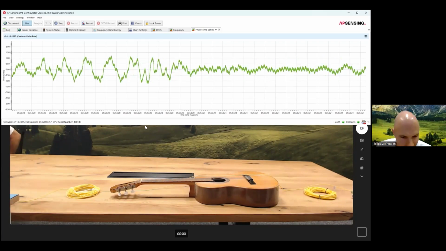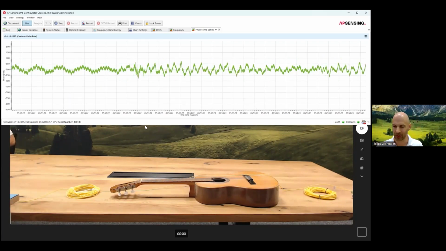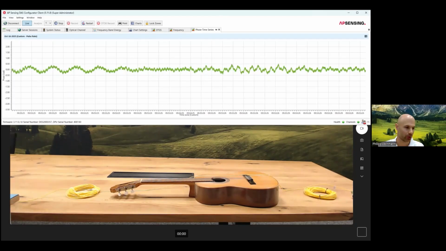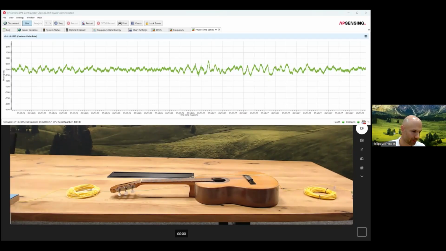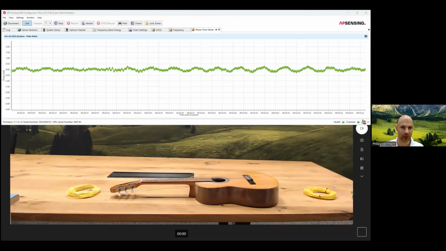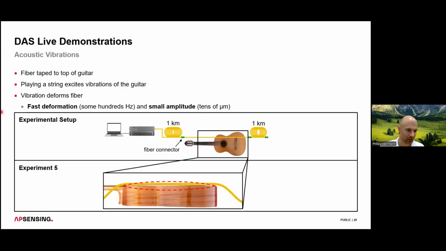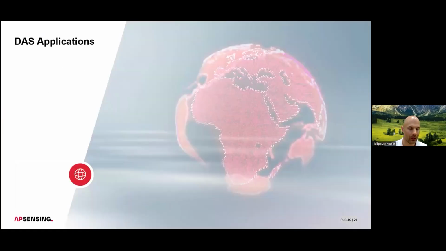All right, so these were the three experiments I wanted to show. Now we are coming to the last part of the presentation, namely DAS applications and DAS data from real events.